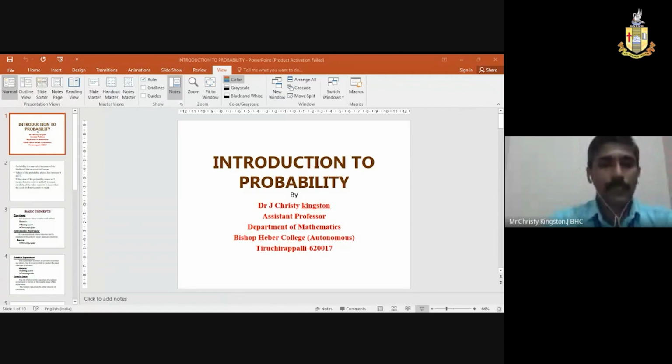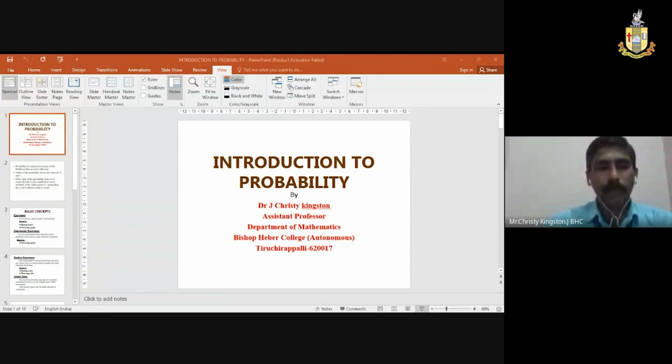Okay. Next, axiom 3. Axiom 3, for any sequence of mutually exclusive events. Mutually exclusive means what? The intersection of any two events should be empty. That is, events for which E_i intersection E_j equal to empty when i not equal to j. I should not be equal to j.